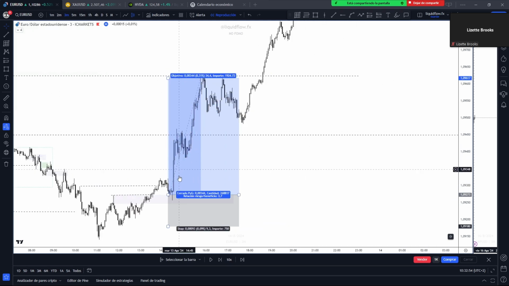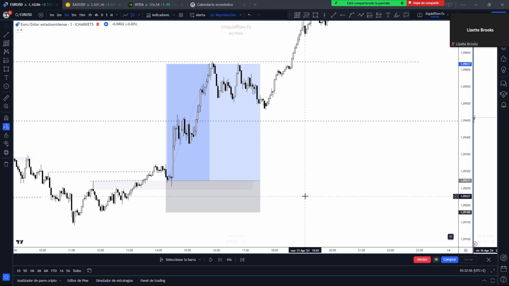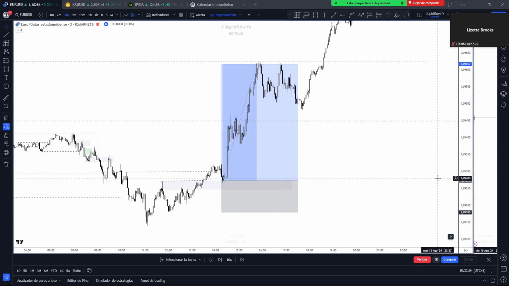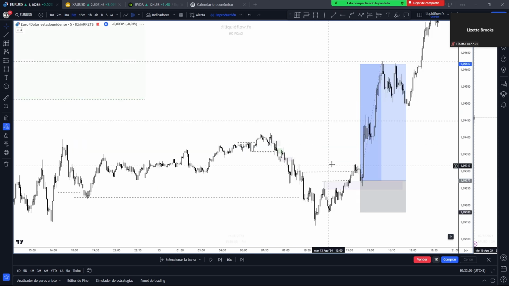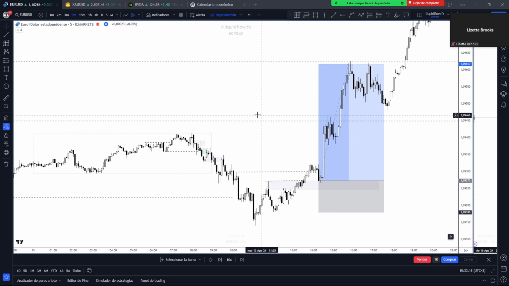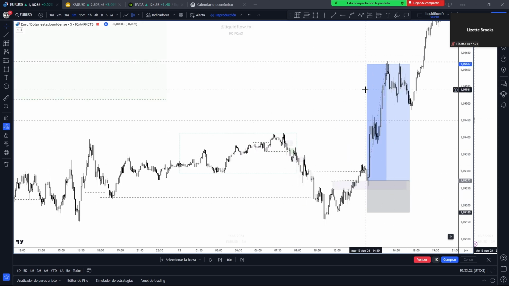That was, let's see, when I enter 1, 2, 3, 4, 5, 6, 7, 8, 9, 10, 11, 12. This is very fast moving actually, in 3 minutes. Let's see in 5. 5, 10, 15, 20, 25, 30. In 30 minutes, you target your first TP. So after that, you take the second one.